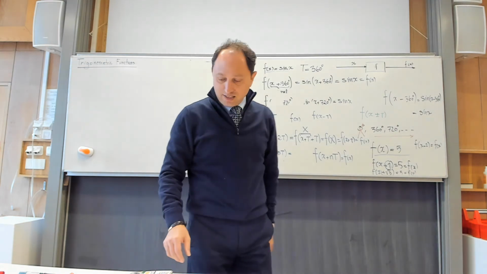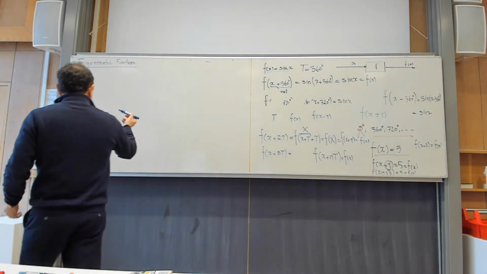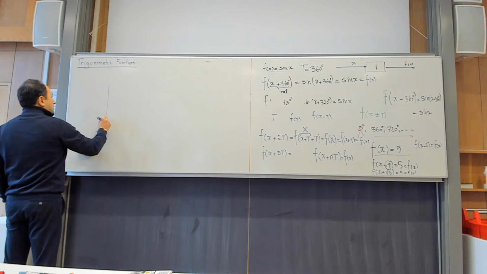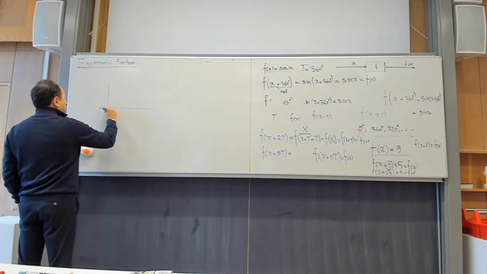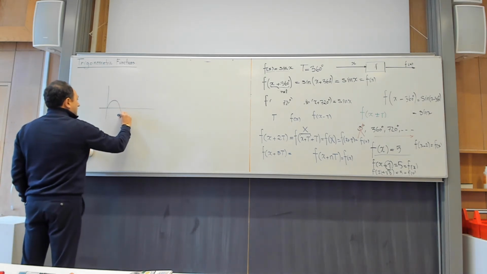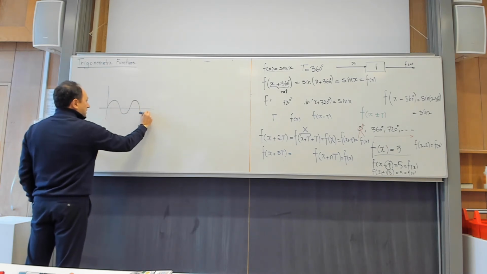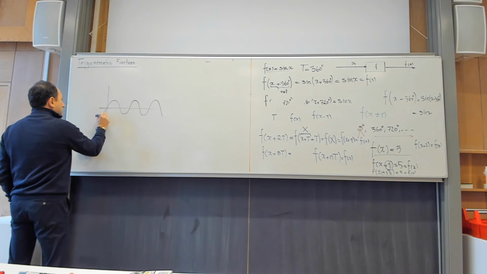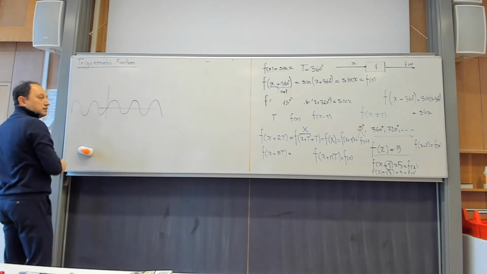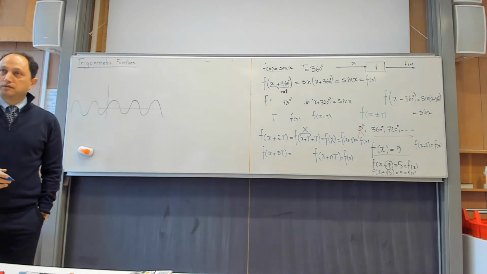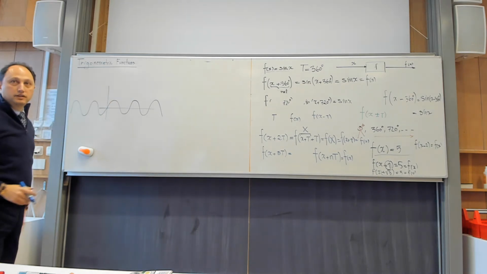So if you see, for example, something like this, I cannot draw it perfectly, but they should be identical. So this direction, okay? That is a periodic function, assuming that this is going forever.